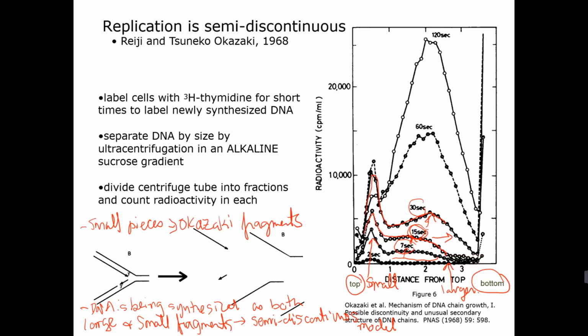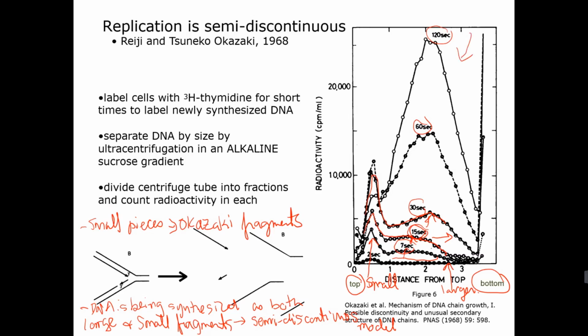Okay, so one last thing with this data: if you go to the longer time points, say 60 seconds or 120, what happens? Is it still half small, half big? No, actually, it looks like the proportion that is large is increasing, and this is consistent with their expectation. Their whole basis for the design of their experiment, using these very short pulse label time points, was that they would expect the small fragments to be rapidly joined together into big fragments, and that's what we're seeing at these later time points.